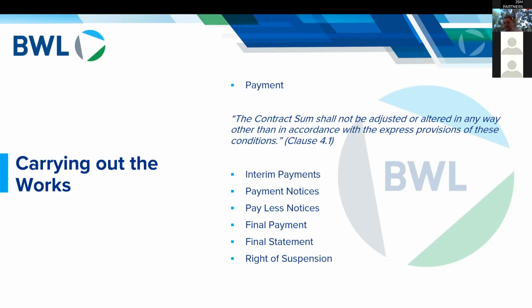In addition to paying what's due, the developer then must also pay what is required to remobilize the contractor to site. So around payment within JCT contracts, there's quite a few issues there that if you get it wrong, it can be quite damaging to how well the project goes.